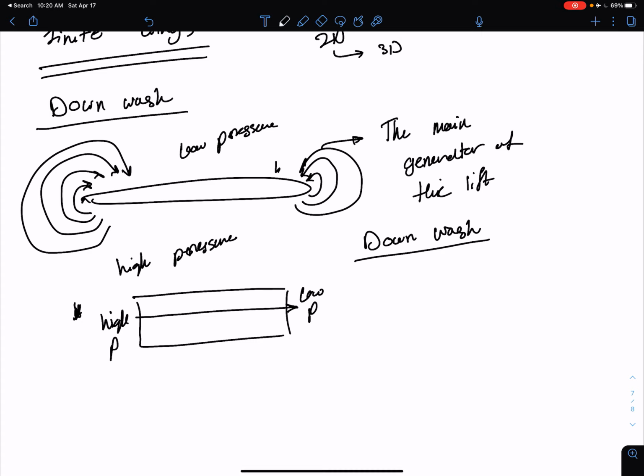What is going to happen because of the downwash is actually very interesting. Let me magnify this tip. Your pressure here and here has to be equal, because whatever higher pressure you had has already leaked to the top.